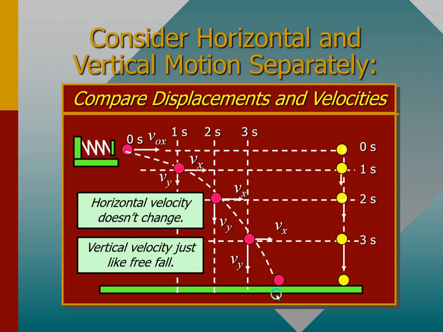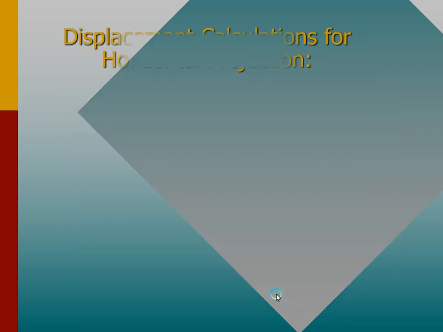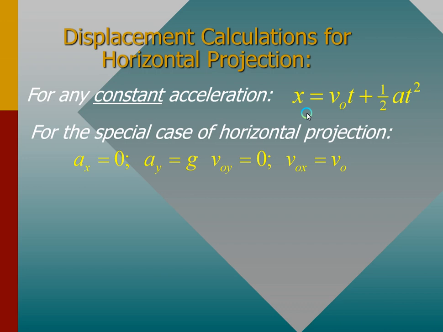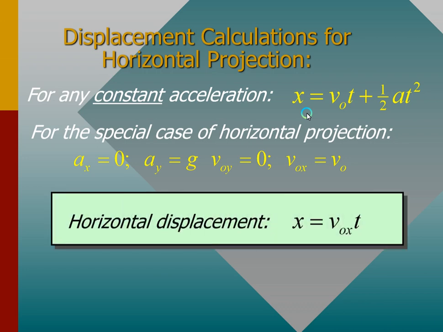That is what we need to solve, one of the things we need to solve. That will be your horizontal projection. We know that for any constant acceleration, based on the previous discussion, x is equal to V0t or Vit plus 1/2 at squared. For the special case of horizontal projection, we will discuss this later on. So we have the horizontal displacement.